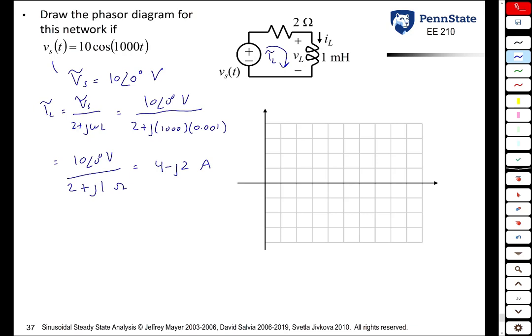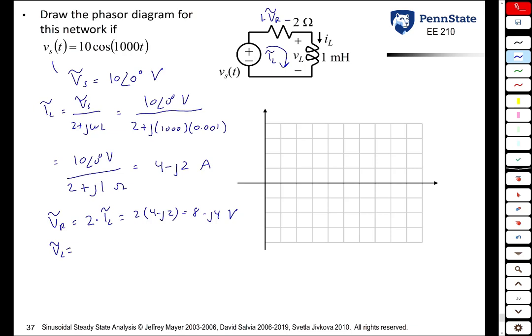The voltage across the resistor in the phasor domain, we'll call it VR tilde, is just 2 times IL tilde, which is 2 times (4 minus J2), which is 8 minus J4 volts.